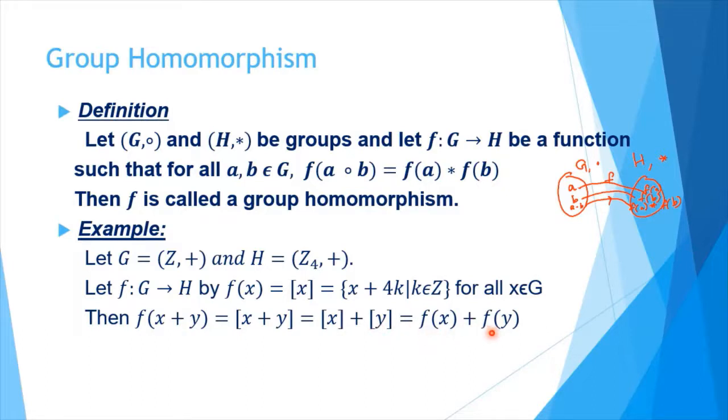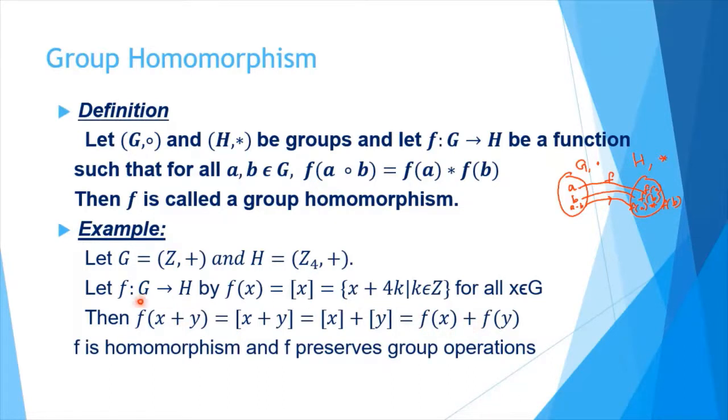Hence we see that f(x + y) is equal to f(x) + f(y), where here the addition is the ordinary addition of integers, and here it is addition modulo 4. So f preserves the binary operation on G and H. So f is a homomorphism.